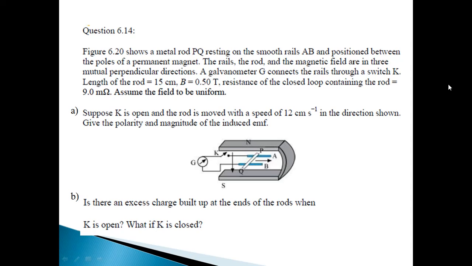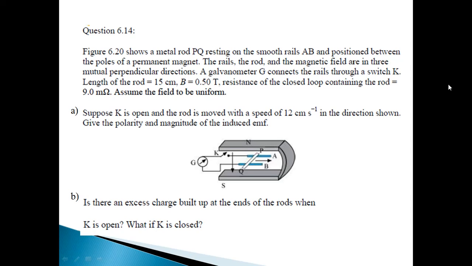And the arrow mark which is vertically downwards on the left side of PQ shows the direction of magnetic field because the magnetic field acts perpendicular to the rod. So it is perpendicular. And the arrow mark on the right side shows the direction in which PQ is moving.